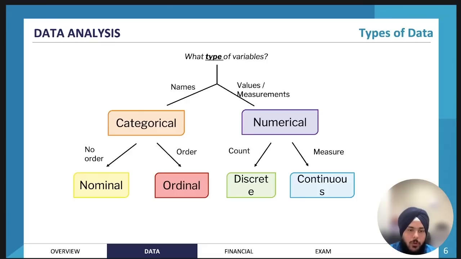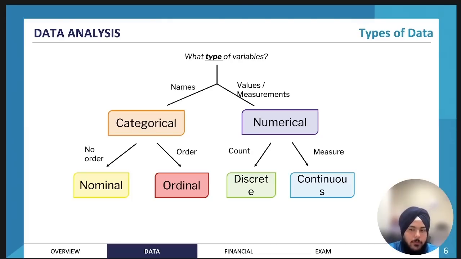First of all, we'll be looking at the different types of variables that are used in data. First and foremost, we have categorical and numerical variables. These are the two different branches of data. Categorical variables usually represent some form of category, whereas numerical variables usually represent values, measurements, or quantities.